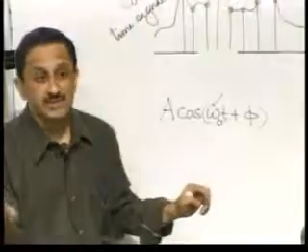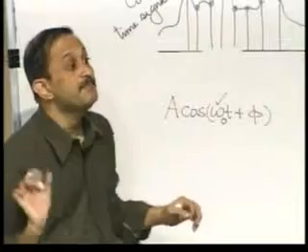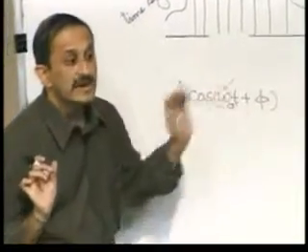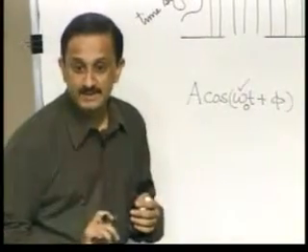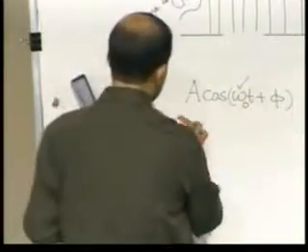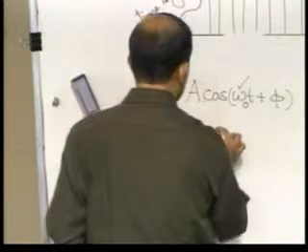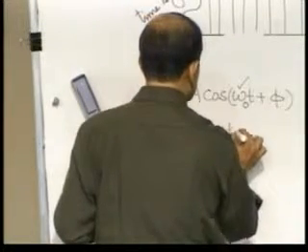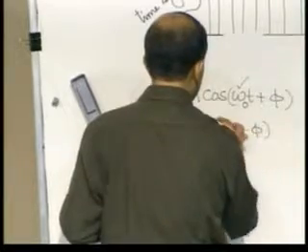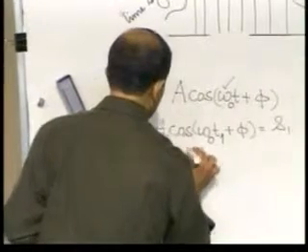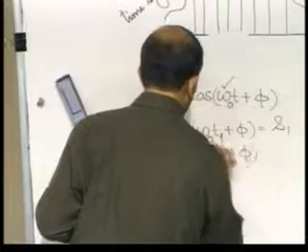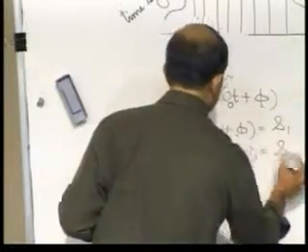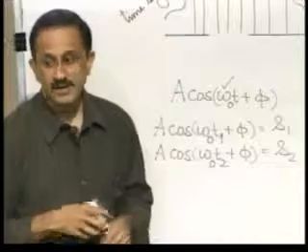what do you mean by properly chosen? They must not be separated by a period, and of course you can ensure that. If you know omega naught, you can ensure that they are not separated by a period, right? So you can then write a cos(omega naught t1 plus phi) equal to sample 1, and a cos(omega naught t2 plus phi) equal to sample 2, right?